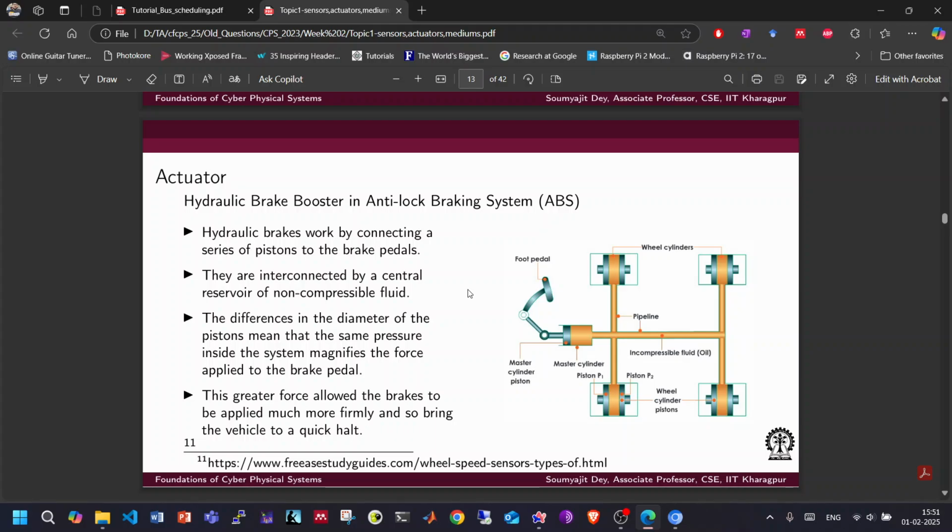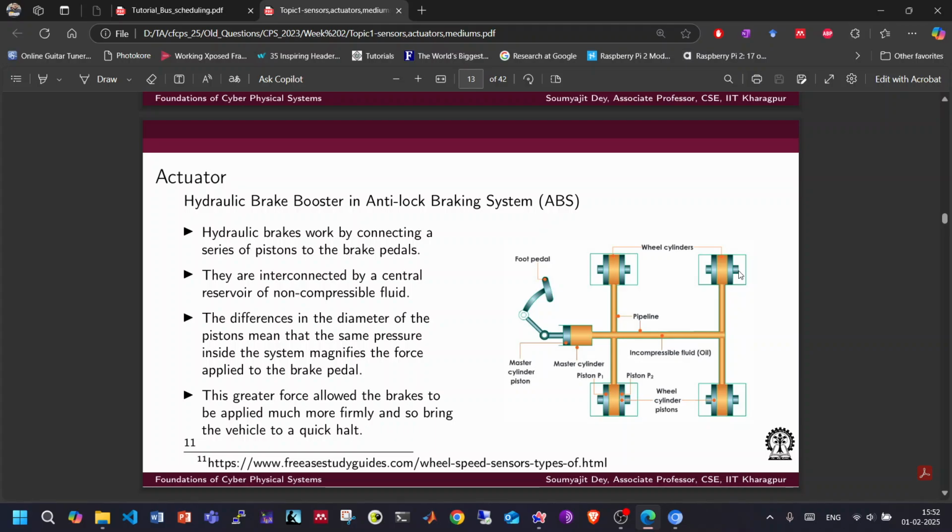You apply some force through here, and based on the area of the piston you press the fluid inside these pipes. Based on how much pressure you apply, the pistons will move, and as they move, the wheels of the vehicle are pressurized and they are supposed to stop or decelerate. And this is how the brakes are usually applied using hydraulic brakes.